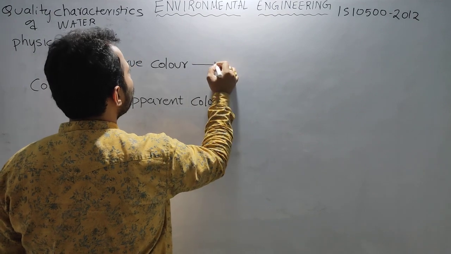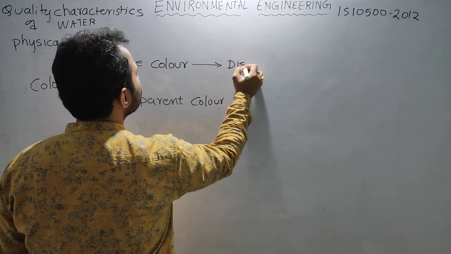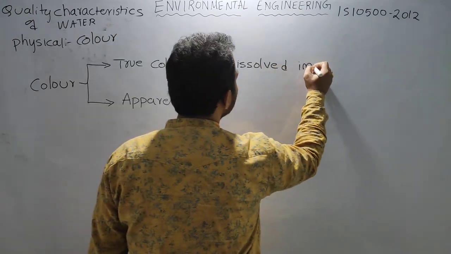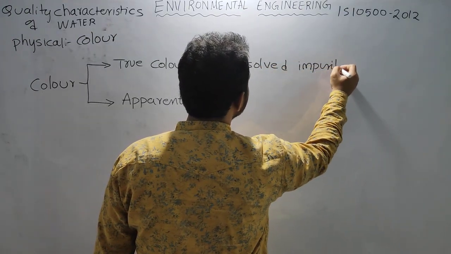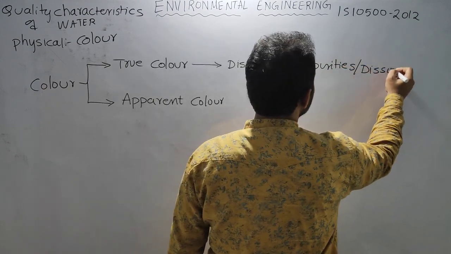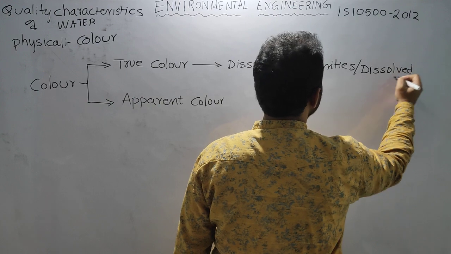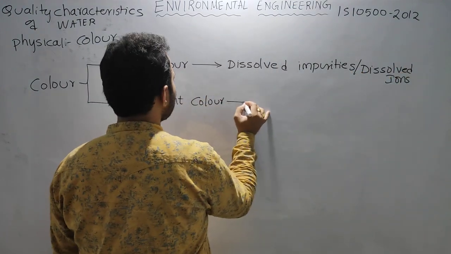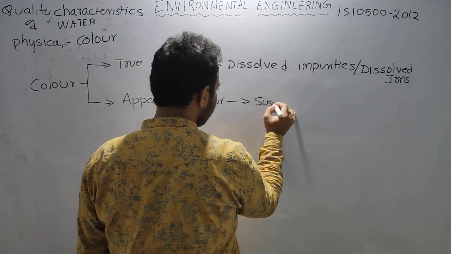True color is due to dissolved ions or dissolved impurities, whereas apparent color is because of suspended impurities.